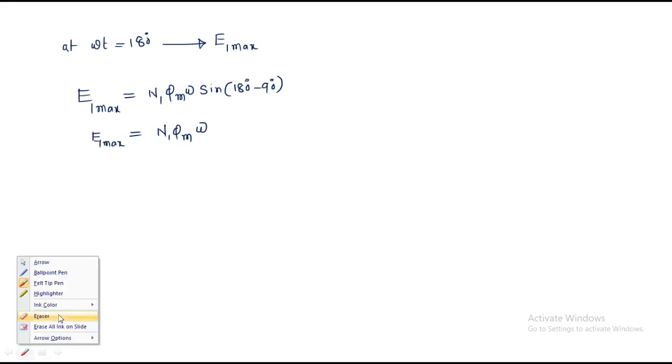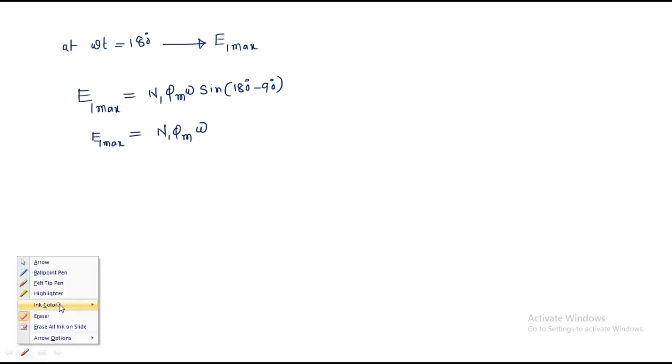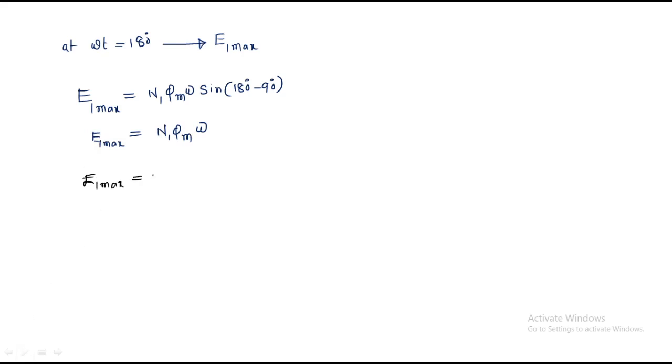So this is the maximum value of EMF. With respect to frequency we have to write it: E1 max is equal to φm N1 ω, where ω is nothing but 2πf.